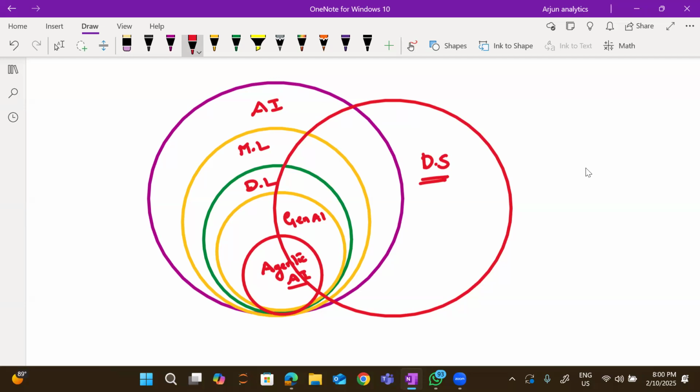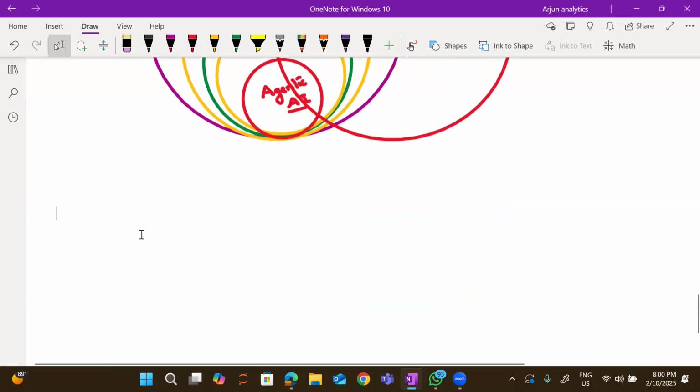I can put a small note over here. What is machine learning? It is a field of artificial intelligence in which intelligent machines are developed, which can learn by itself.